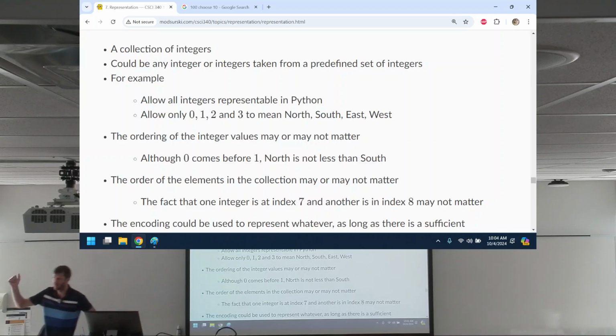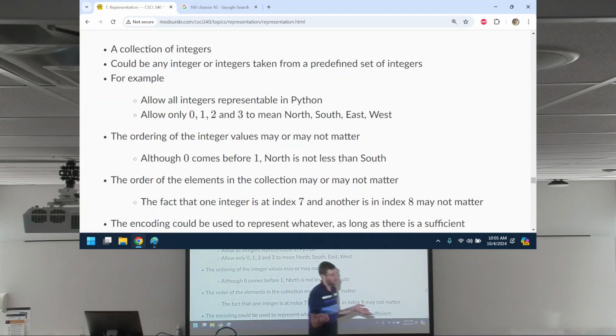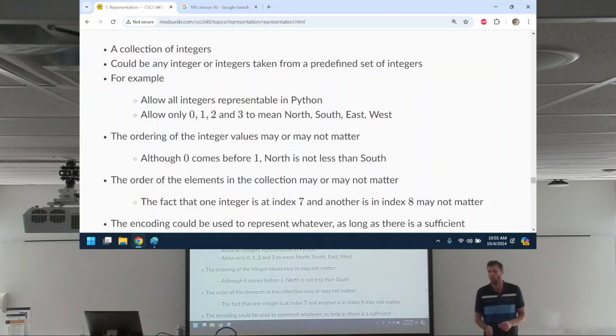For example, in that one, 0, 1, 2, 3 being north, south, east, west is entirely arbitrary. The fact that 0 comes before 1 doesn't matter there. We know integers are ordinal, which is just a fancy way to say there's an order. Does 7 come before or after 44? Before, right? There's an order to these things. Does green come before red? Maybe, I don't know, that's a weird question.